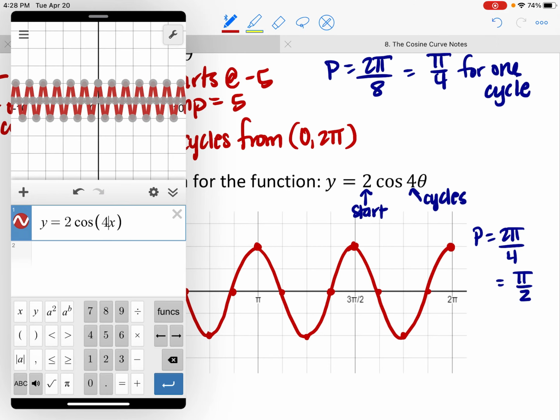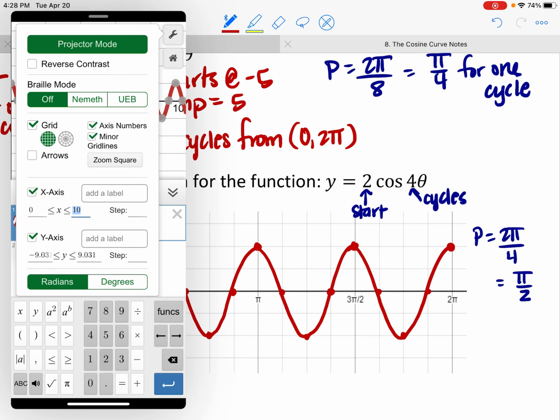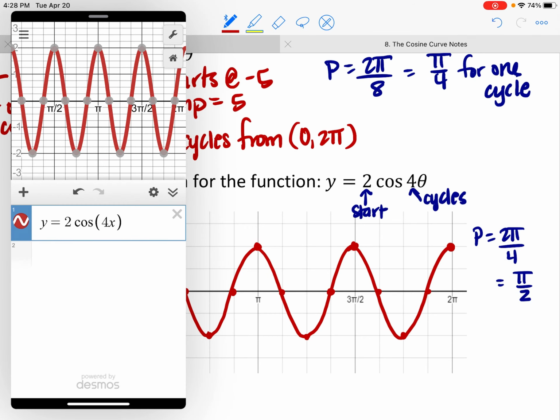Now I just want to look at the window that's on my paper here. So let's make the x-axis go from 0 to 2 pi, and with a step of pi over 2. And then the y-axis, I'm going to have it go from negative 3 to 3 just so I can see clearly. And that should do it. And there it is.